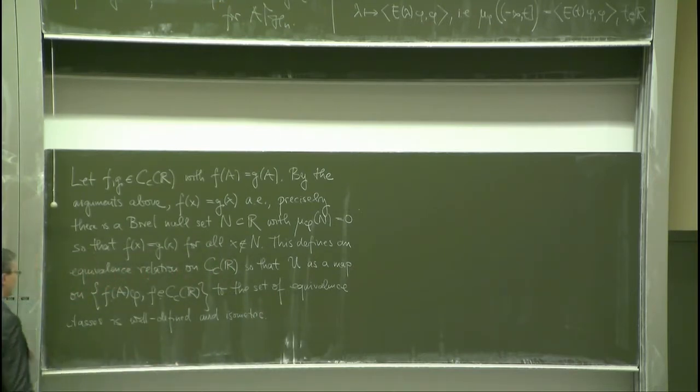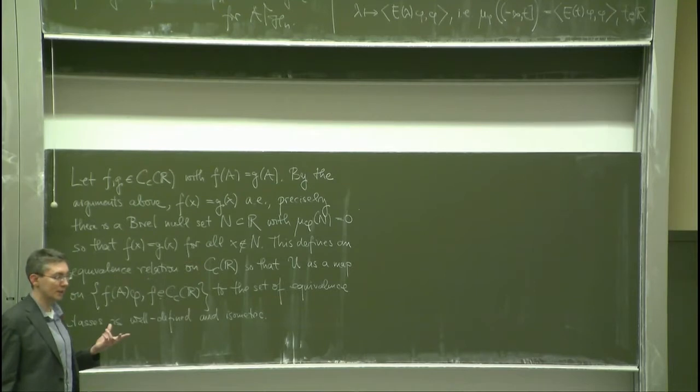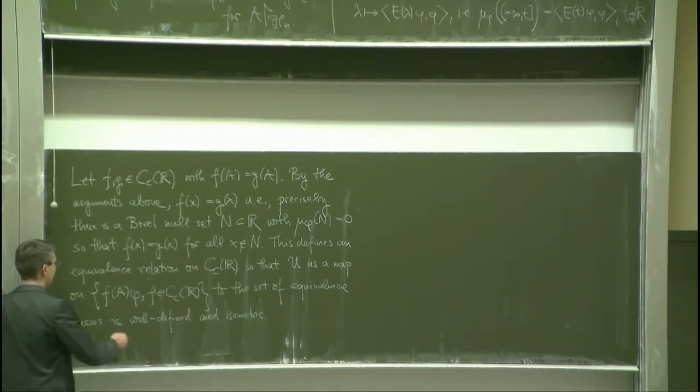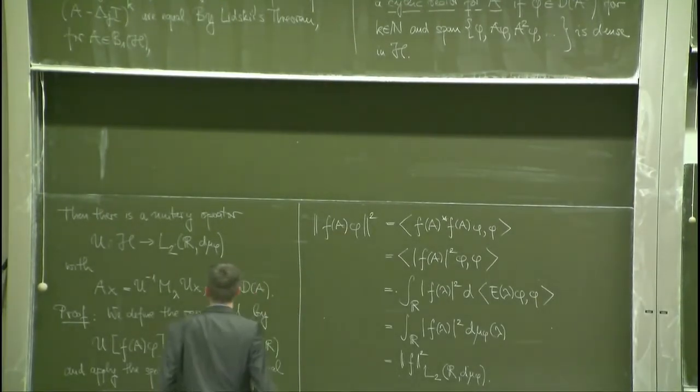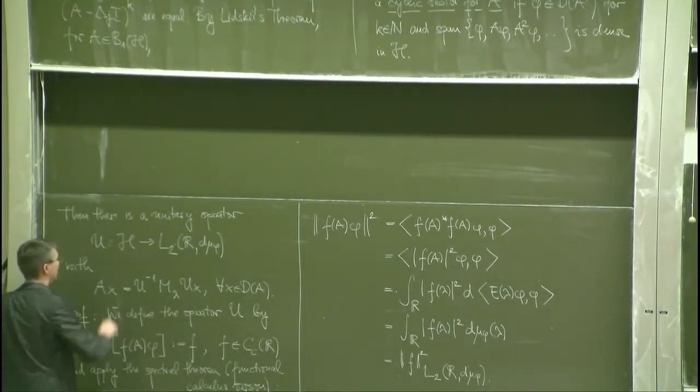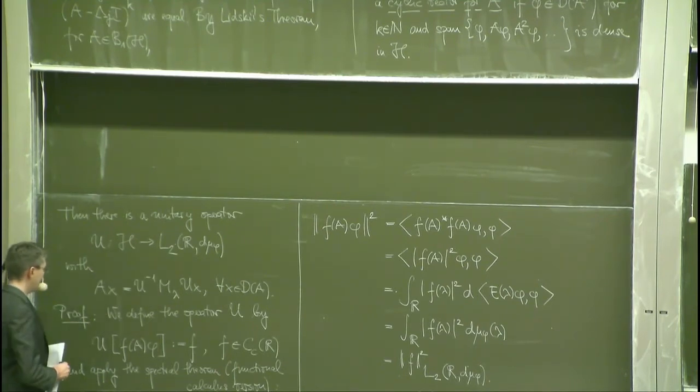So let's recall what we are doing. We take an element f of the CC space, which is a dense subspace of L2. We will need this later. And then we take a Hilbert space element phi and consider this element of the Hilbert space. And if you go back to the definition of U, you see that U operates on the Hilbert space and maps to L2 in this form here.